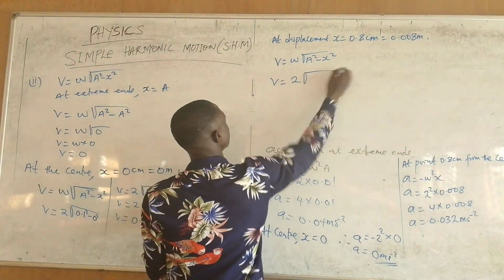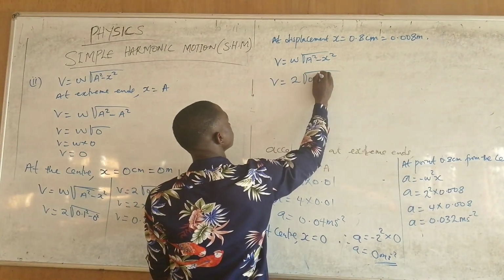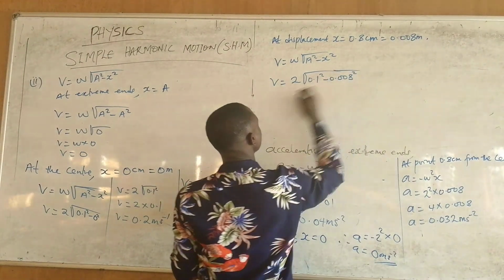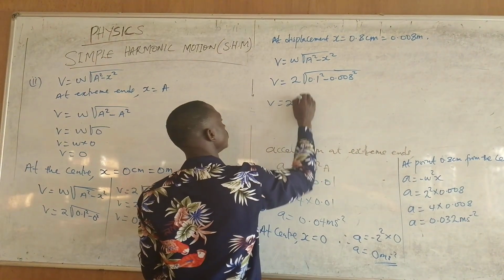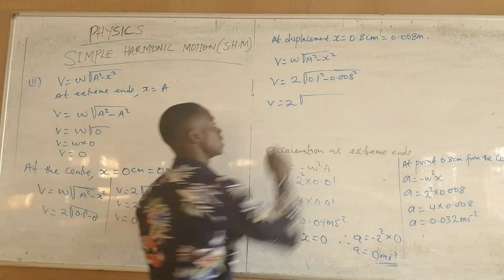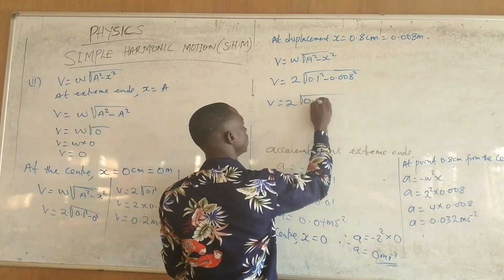V will now be equal to, what is our omega? 2 root 0.1 squared minus 0.008 squared. V equals 2 root 0.1 squared, that's 0.01.